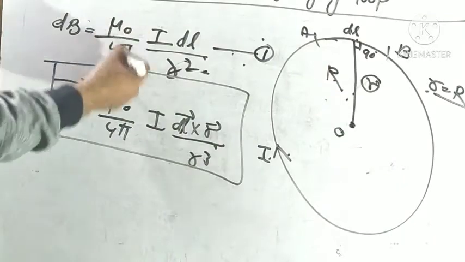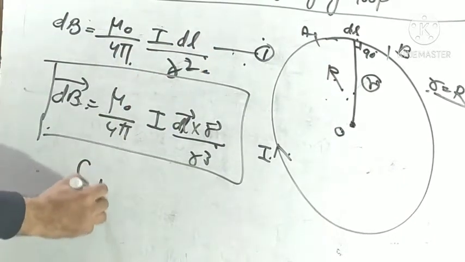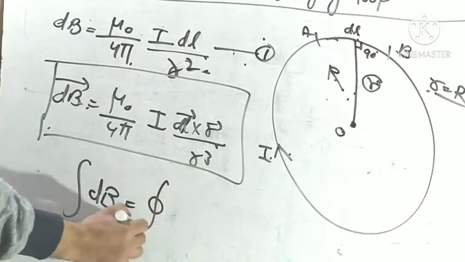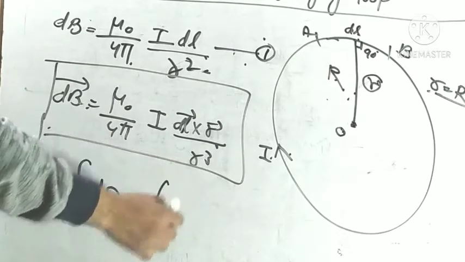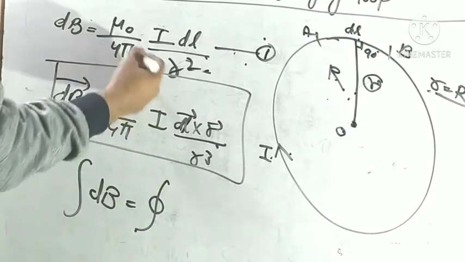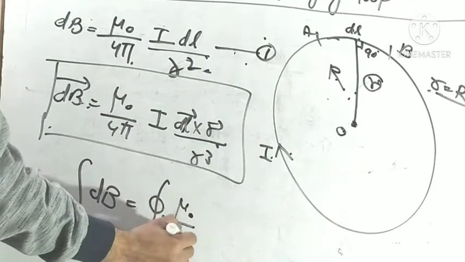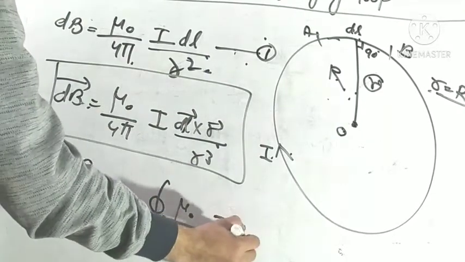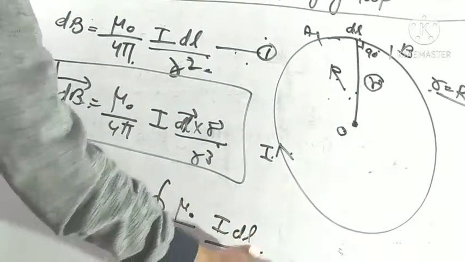So we integrate equation number 1. This is a closed loop, and we have mu naught upon 4 pi I dl upon r square.